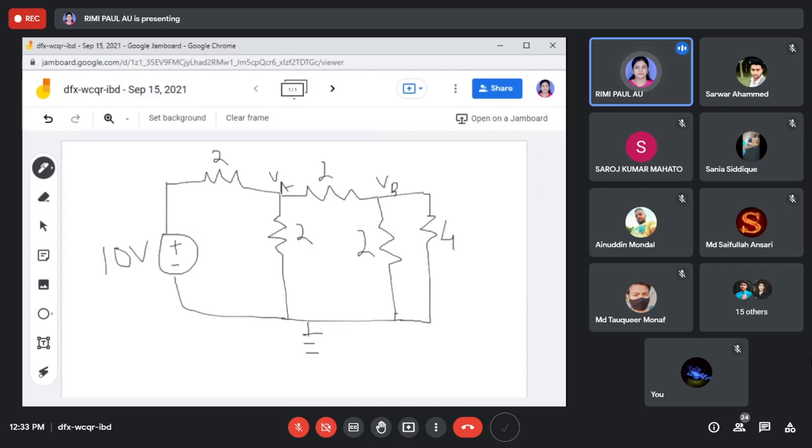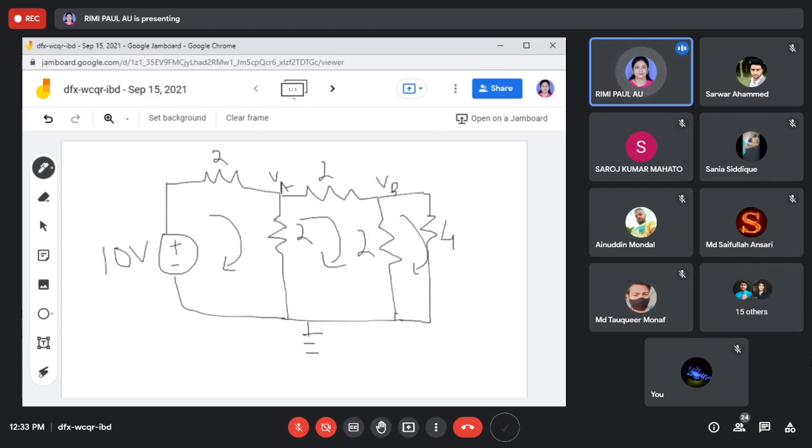If you don't know nodal analysis, then how can you solve this using mesh analysis? It will be difficult. So that cases you can convert a current source into a voltage source. Now you can apply mesh equation, find out three equations, and you can solve the problem easily.